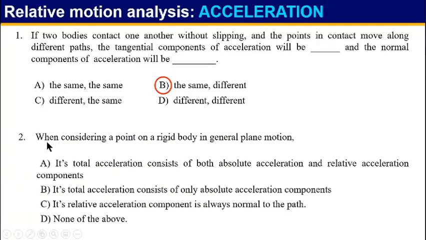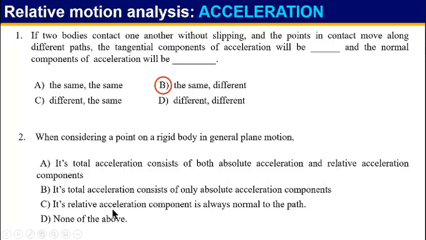Now, second question. When considering a point on a rigid body in general plane motion, A: its total acceleration consists of both absolute acceleration and relative acceleration components. Is this correct? B: its total acceleration consists of only absolute acceleration components, meaning a_B equals a_A. C: its relative acceleration component is always normal to the path.